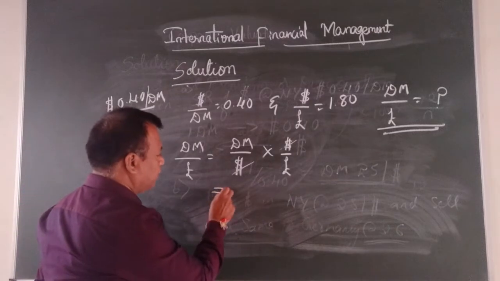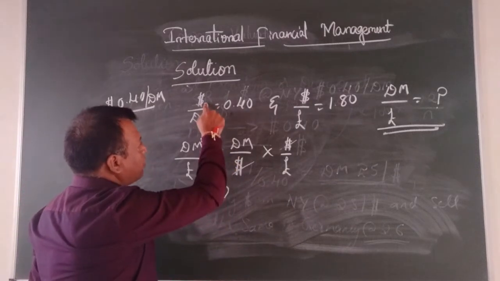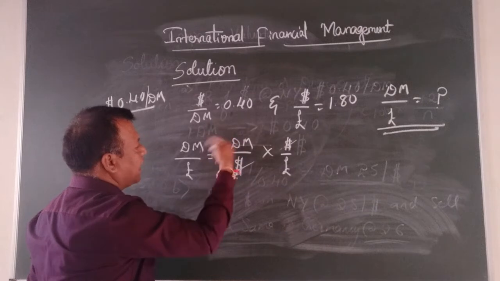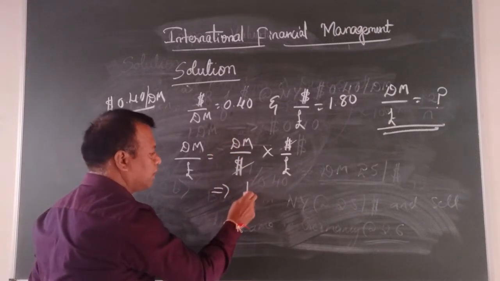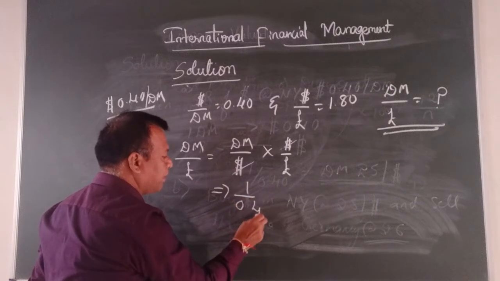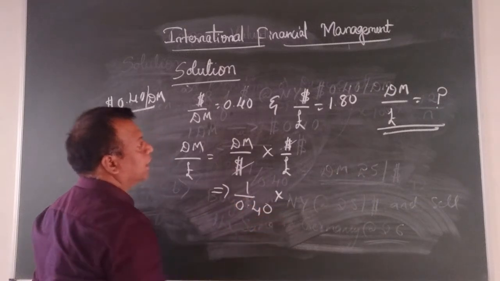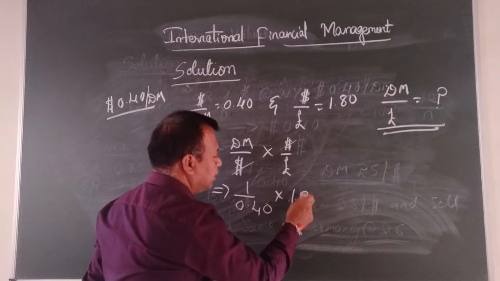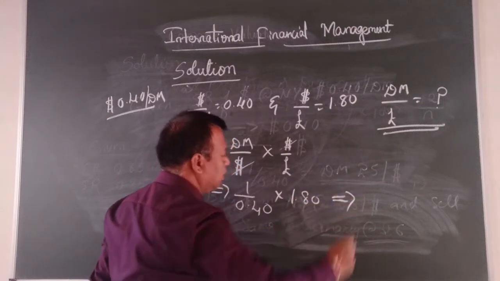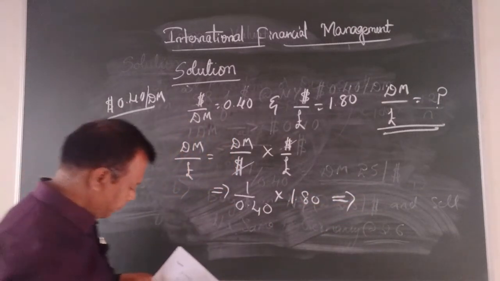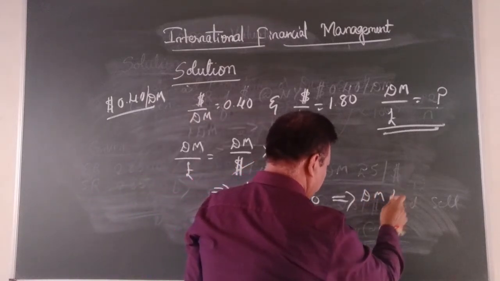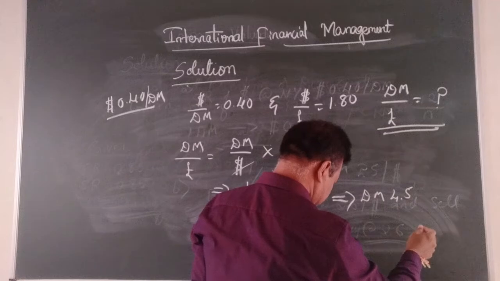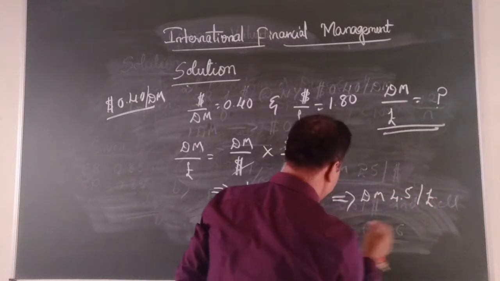If we substitute the values, what I had taken was dollar by DM, so I reversed it to DM by dollar, that is, I had taken an indirect quote of that. So I have to reverse it: 1 by 0.40 multiplied by 1.80, to get the answer as 4.5 DM per pound.